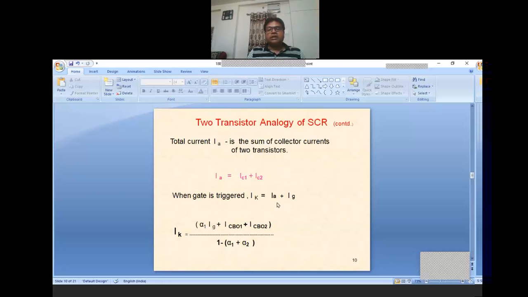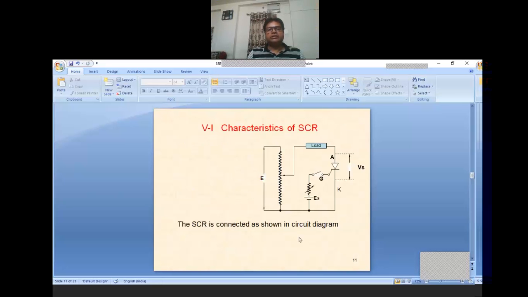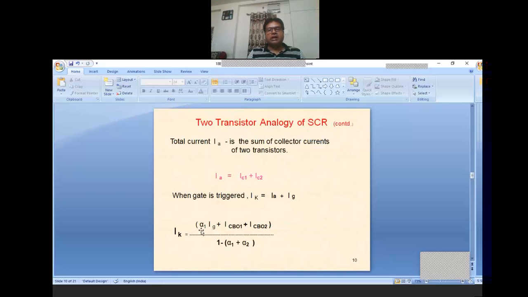Now the total anode current becomes IA plus IG, and eventually the cathode current increases, where IK is finally calculated as alpha 1 Ig plus ICBO1 plus ICBO2 divided by 1 minus alpha 1 plus alpha 2.